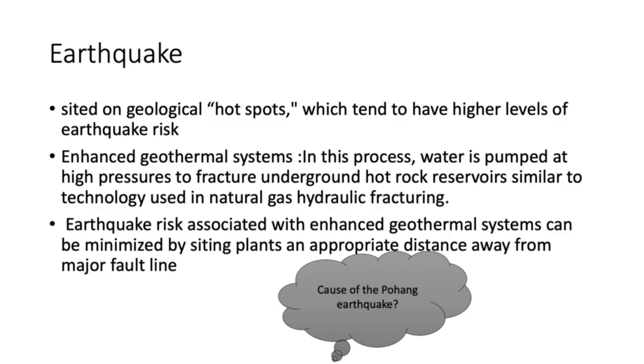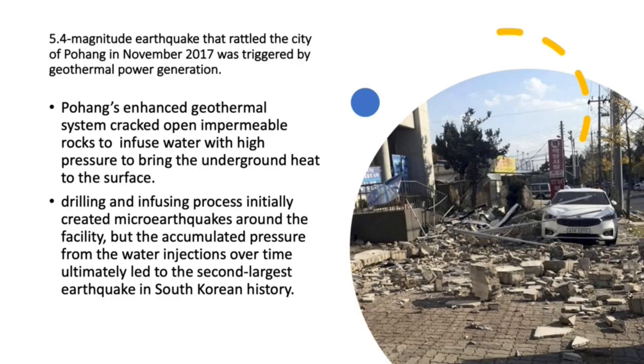There is a question. How do you think the Pohang earthquake was caused? Well, it would be a surprise to know that it was triggered by a geothermal power generation plant. The 5.4 magnitude earthquake rattled the city of Pohang in November 2017.